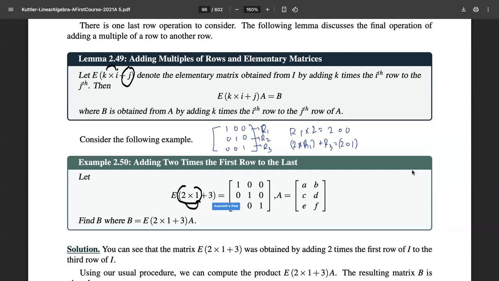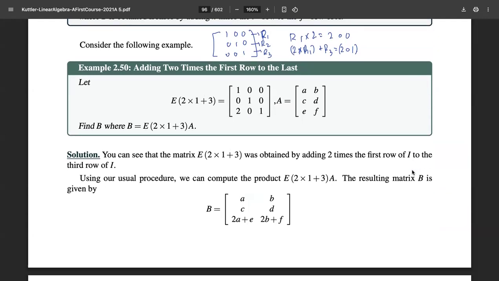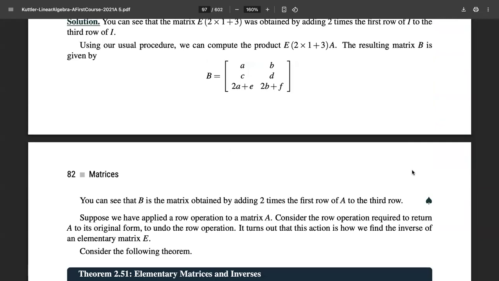So if I'm starting with this identity matrix, 2 times the first row gives me this row over here. And if I add that to the third row, I'll get 2, 0, 1, which is what I have over here. And the idea is the same. If I multiply this matrix E to A, it is the same as doing the row operation, adding 2 times the first row of A to the third row.